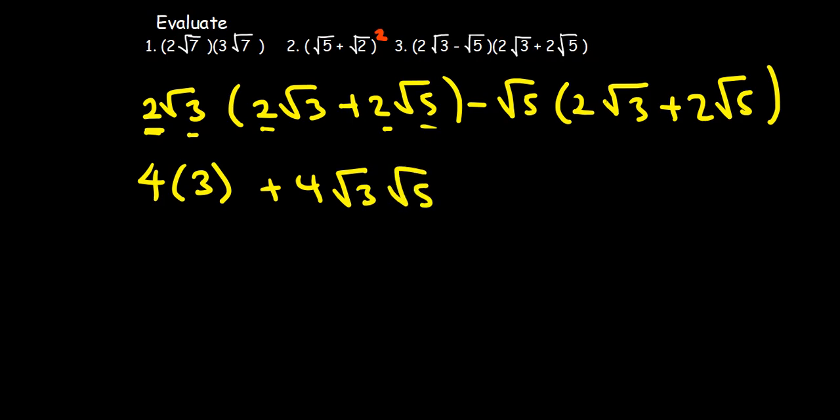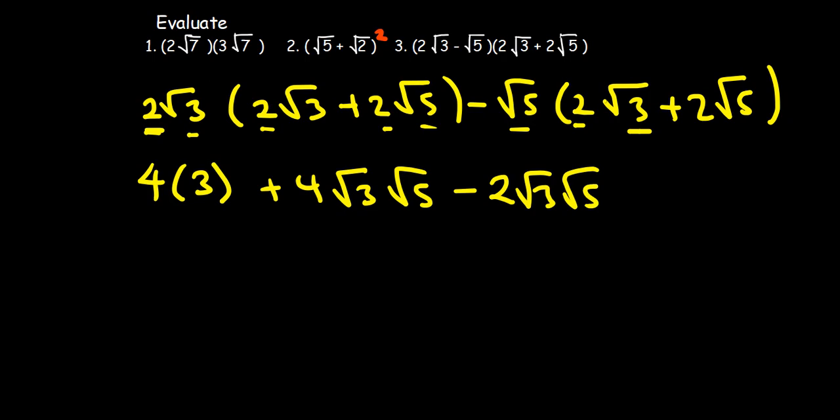For the second one, we multiply the same way: the negative square root of 5 multiplied by 2 square root of 3. I have negative 2 square root of 3 square root of 5.